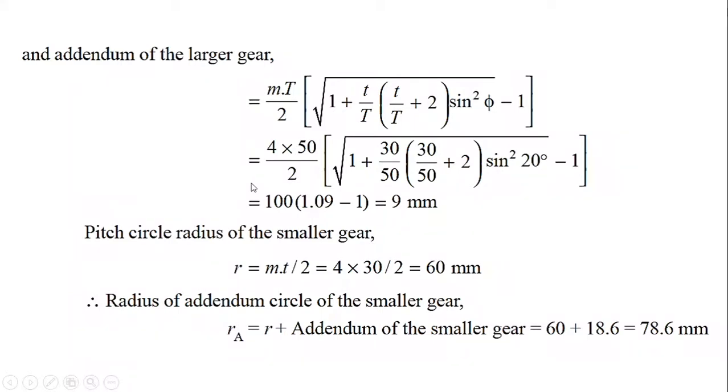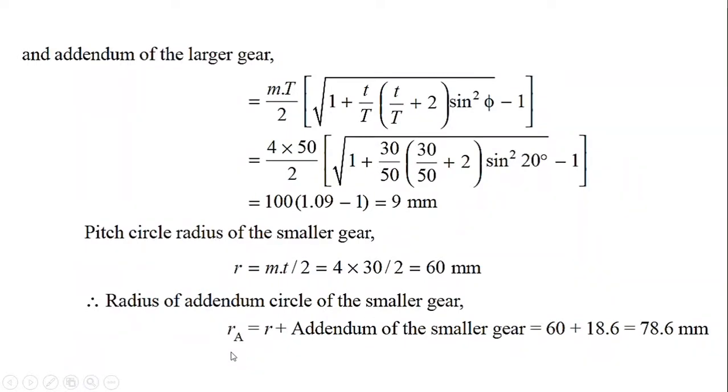Now we found the value of addendum of gear and pinion, and now we can easily find small Ra, capital RA, small r and capital R. Small r is the pitch circle radius of the smaller gear, r equal to m into t divided by 2. We know the module and smaller t value, so apply the values in this formula and we will get the value of small r.